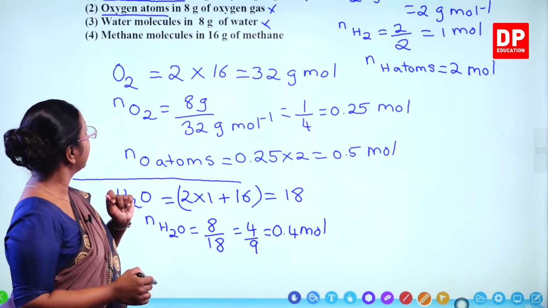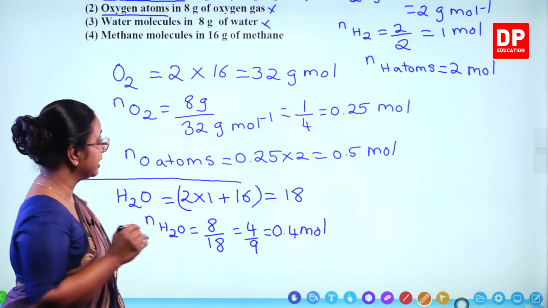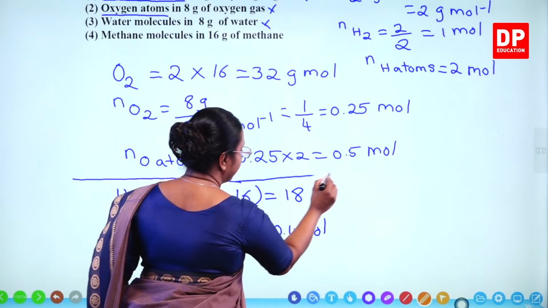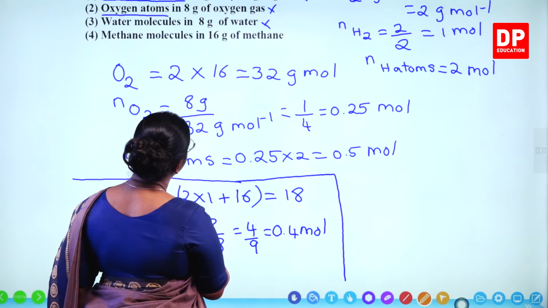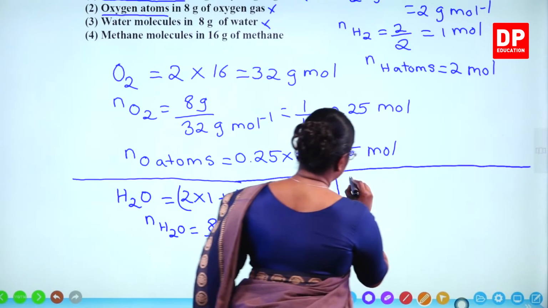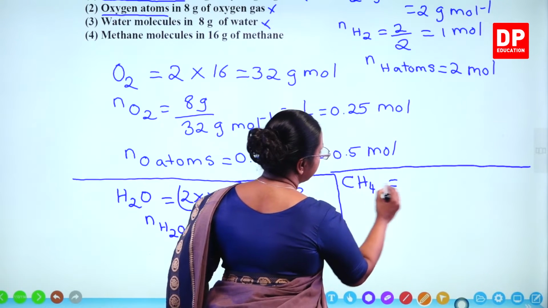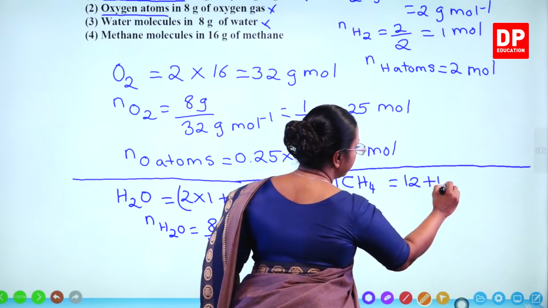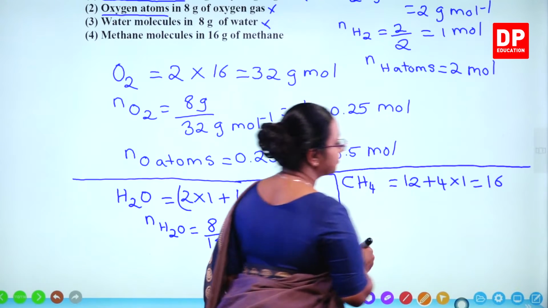Now we are left with one more answer. We have to check whether that is correct or not. So I will do the other calculation on this side. Methane molecules in 16 grams of methane. What is methane? CH4. So if it is CH4, carbon 12 and 4 times hydrogen, so that is 16 grams per mole.